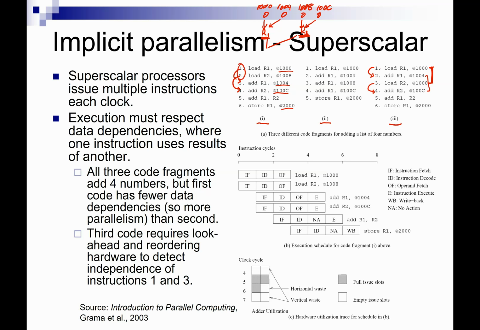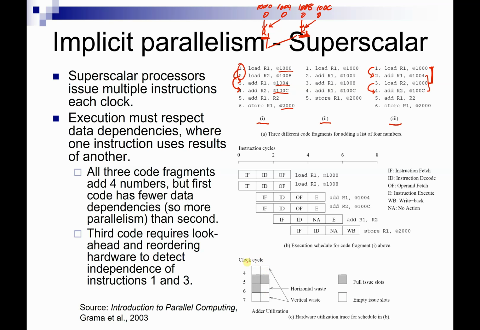And another part about this is that when you have multiple functional units and multiple copies of those units, you want to make full use of all of those units. You don't want those units to go to waste. One way you can think about how much you're making use of those units is through a diagram of this sort.